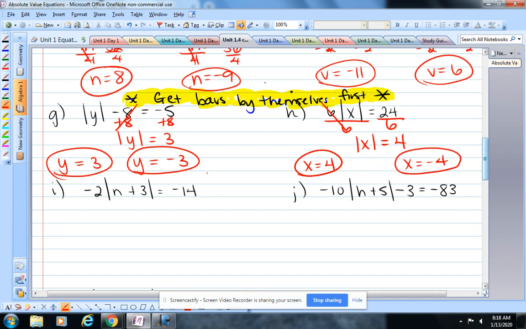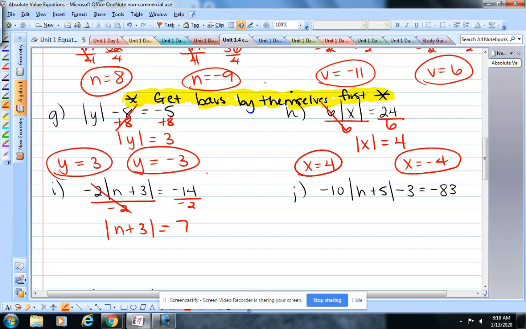Just know these are bars, blah, blah, blah, bars. Okay? It's being multiplied by -2. So what do I do to get rid of the -2? Divide both sides by -2. Very good. So that gives me the absolute value of n plus 3 equals what? 7.